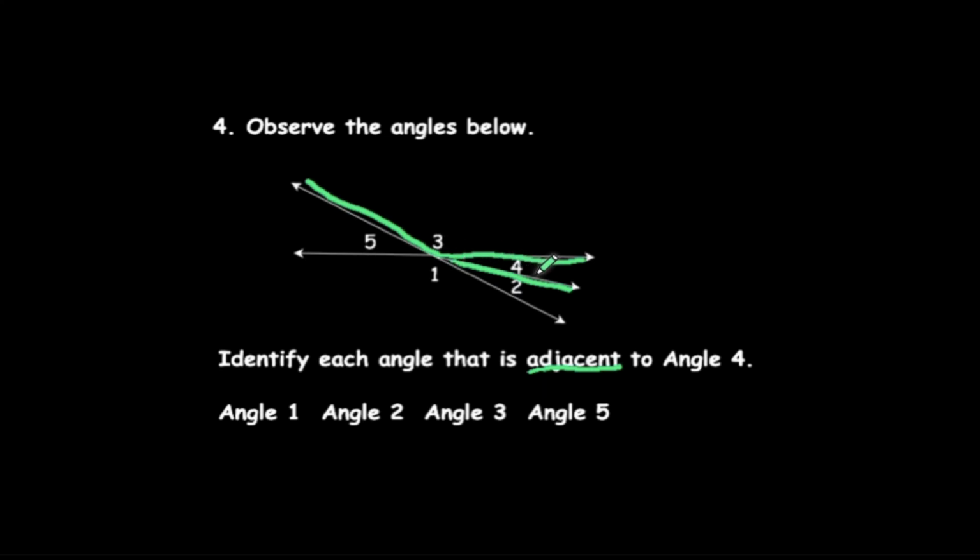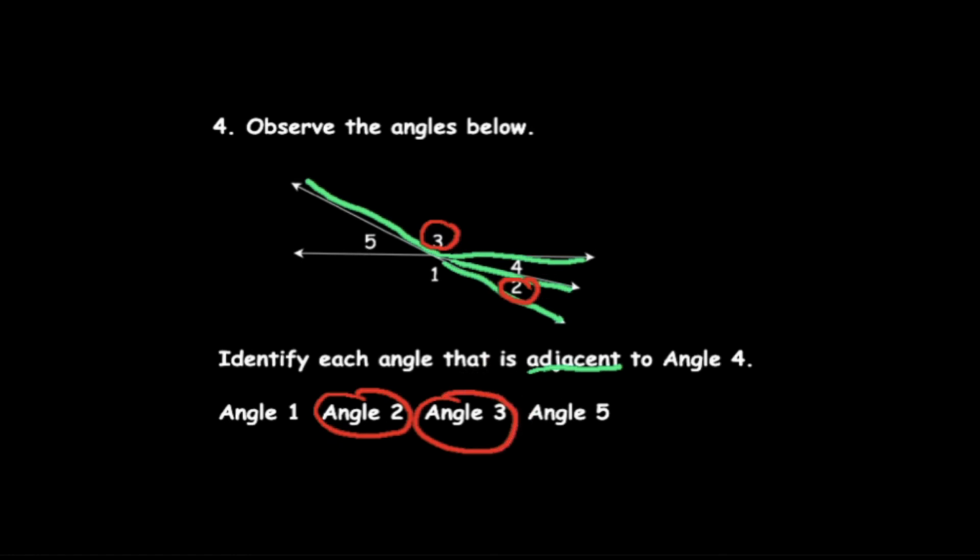We have to look for another angle that's adjacent to angle 4. We can see that angle 4 shares a side with angle 2, because if you finish extending this, it is angle 2. So angle 3 and angle 2 are the adjacent angles to angle 4, okay? So we have angle 2 and angle 3.